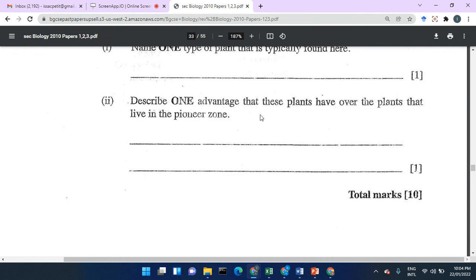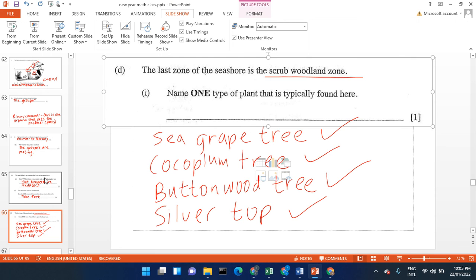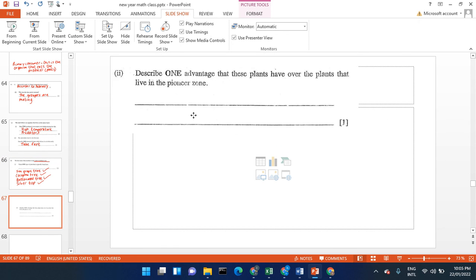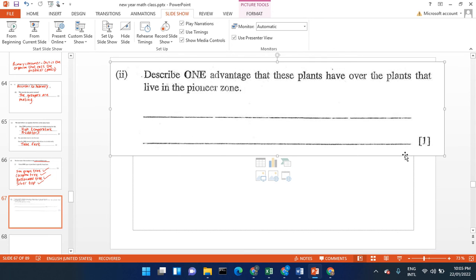So these plants, the ones in the scrub woodland zone, what advantage do they have over the plants that live in the pioneer zone? Let's answer that question.